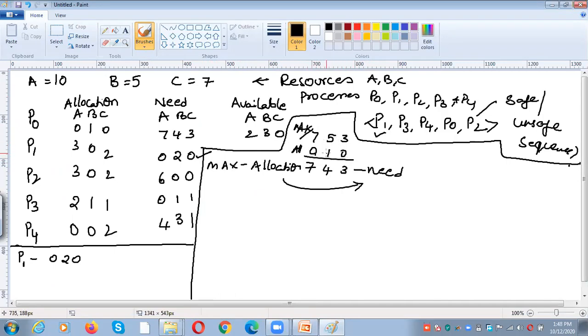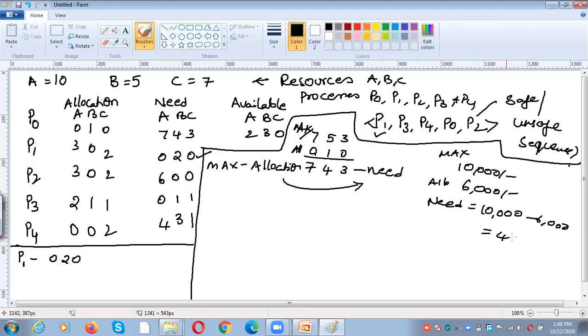How many are still required? 7 minus 0 is 7, 5 minus 1 is 4, 3 minus 0 is 3. How can you understand this? For example, you requested your friend to give 10,000 rupees. That is your maximum need. But your friend gave you 6,000 rupees. This is allocated. What is the need? 10,000 minus 6,000, which is 4,000.